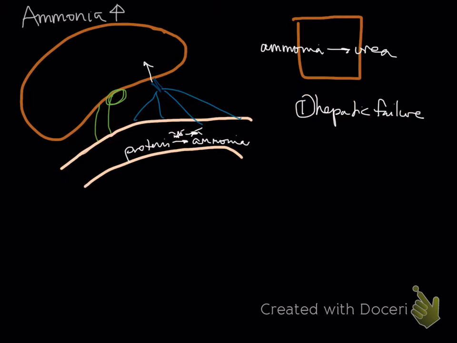So if greater than 75% of your normal hepatic tissue is dead or just not working, so essentially normal hepatocyte function greater than 75 to 80% loss is going to result in hepatic failure, and you'll see an increase in ammonia.